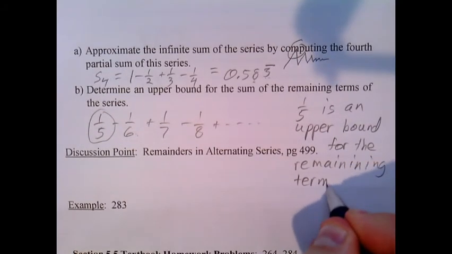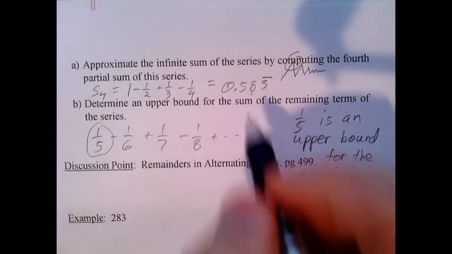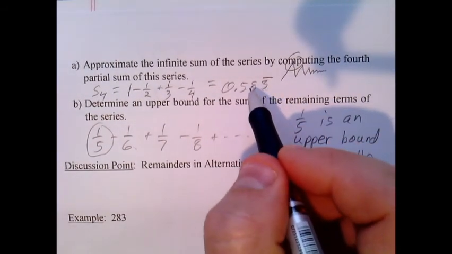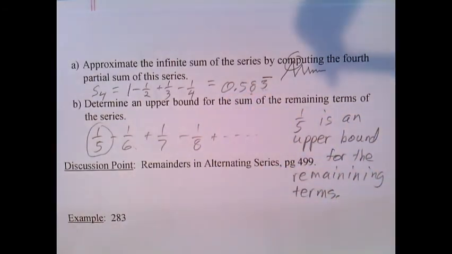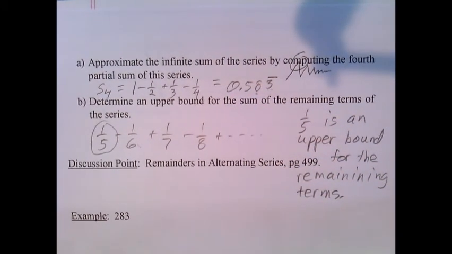But that means that it's an upper bound for the error if I let this partial sum be my approximation of the entire sum. And I can always do this for an alternating series.